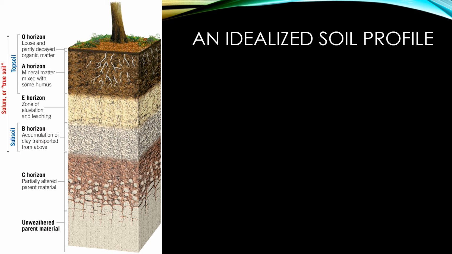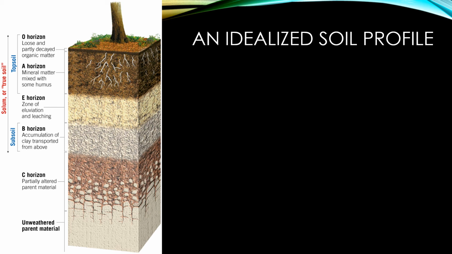So now that hopefully you have a picture of how soils develop differently in different environments, as a result of weathering and erosion and transportation of mineral matter and organic matter and mixing of water and air with that.